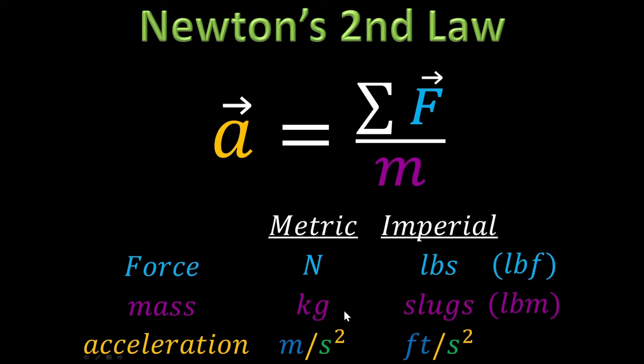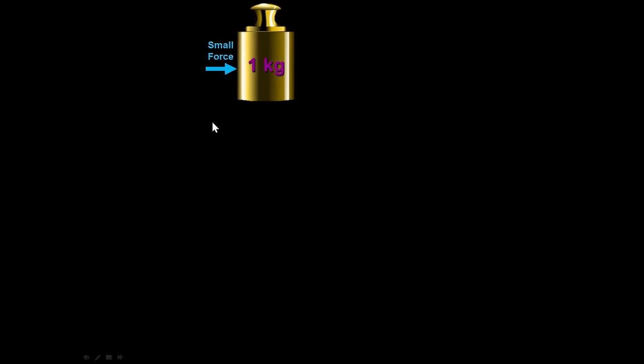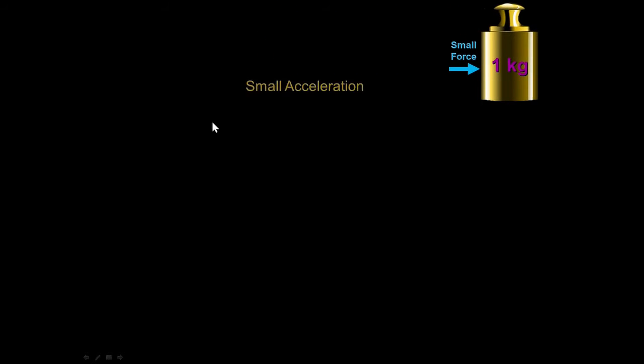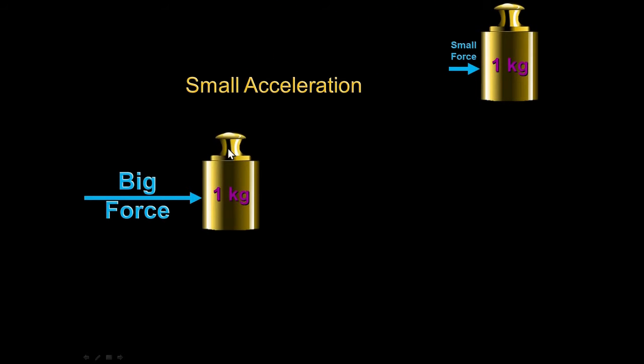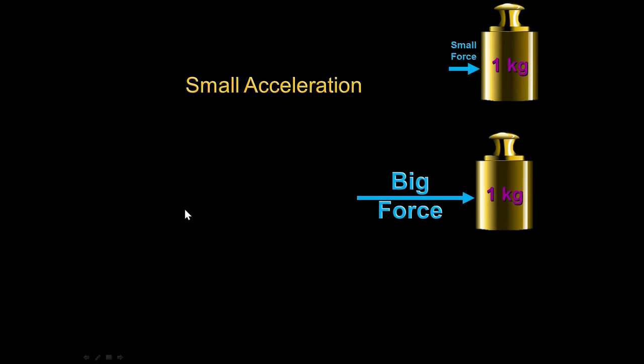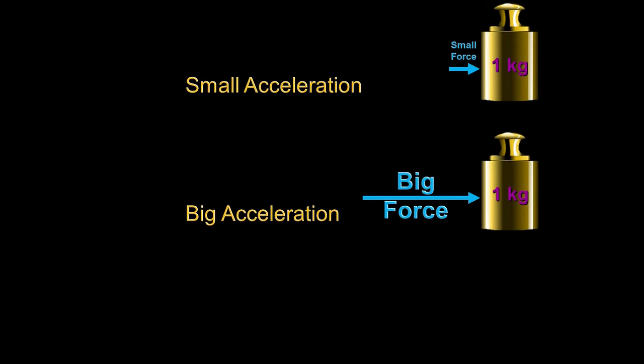And I kind of prefer the metric system. So if I had a 1 kilogram mass and I put a small amount of force on it, it's going to produce a small amount of acceleration. But if I had that same 1 kilogram mass and I put a big force on it, well, of course, it's going to produce a big acceleration.